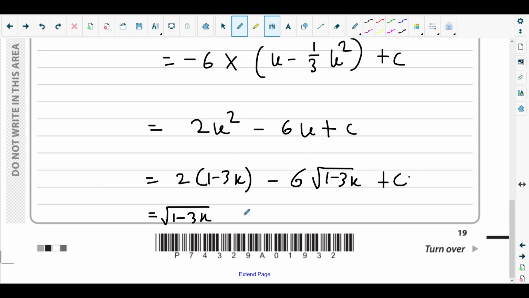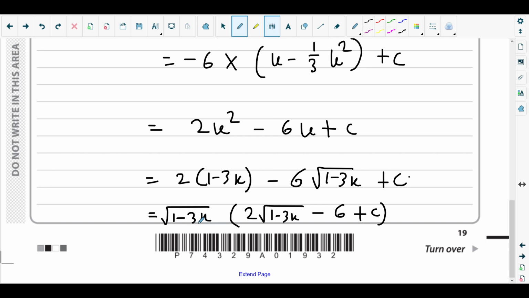If you take this as common, what will you get? It is square root of 1 minus 3x, so that would be 2 square root of 1 minus 3x. Is this fine? And from there you will get negative 6, and then plus c.